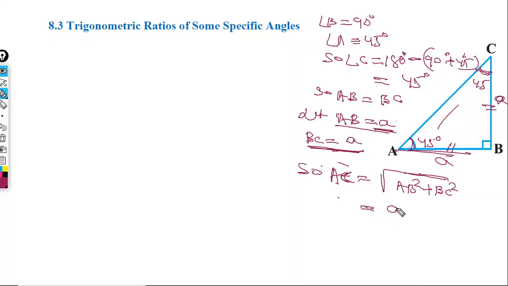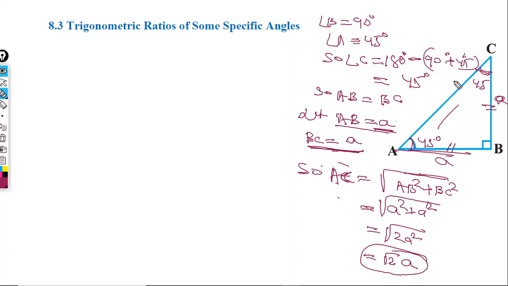Therefore we can write root over of a square plus a square, which is root of 2a square, equal to root 2 a. So this is the length of AC. So we can write AC equal to root 2 a. Now we have found the value of AB, which is a, BC is a and AC is root 2 a.